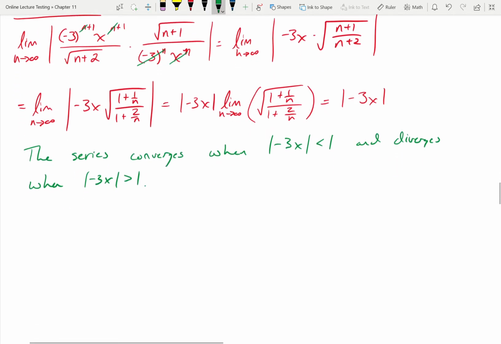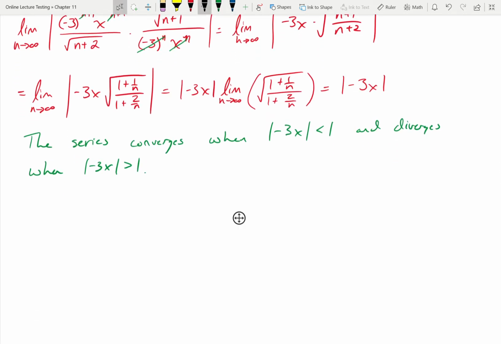All right. So another way to write that is thus the absolute value of negative 3x has to be less than 1. However, this is not our radius of convergence.